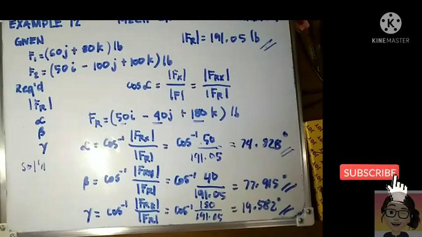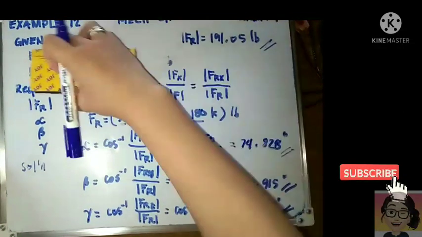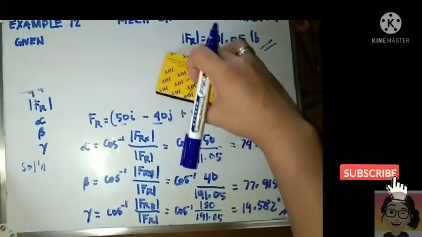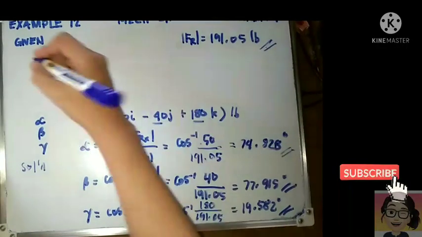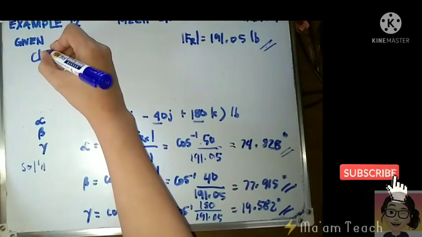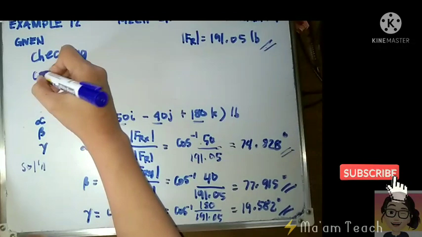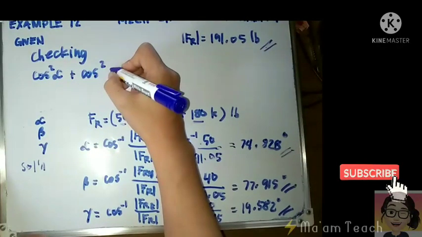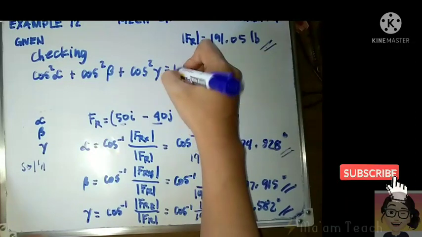Now let us check if it's correct, class. Let us check if our angles are correct using the formula: cosine squared alpha plus cosine squared beta plus cosine squared gamma is equal to 1.